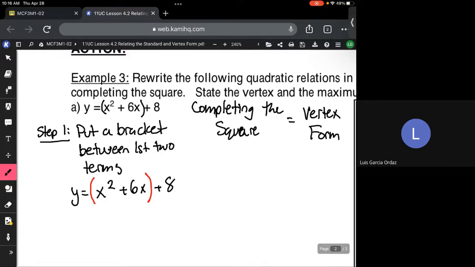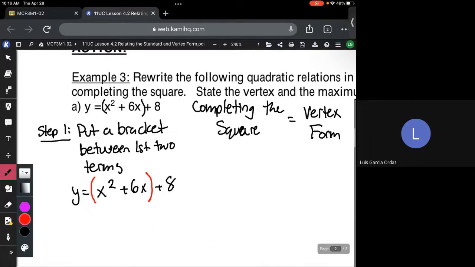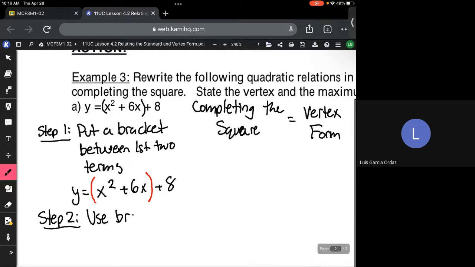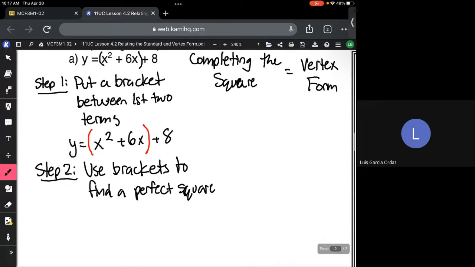Step 2 is to use our brackets to find a perfect square trinomial.